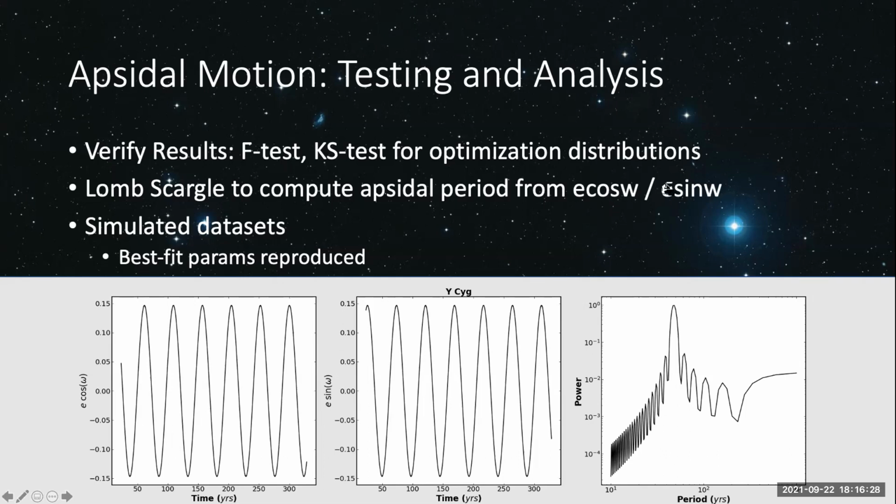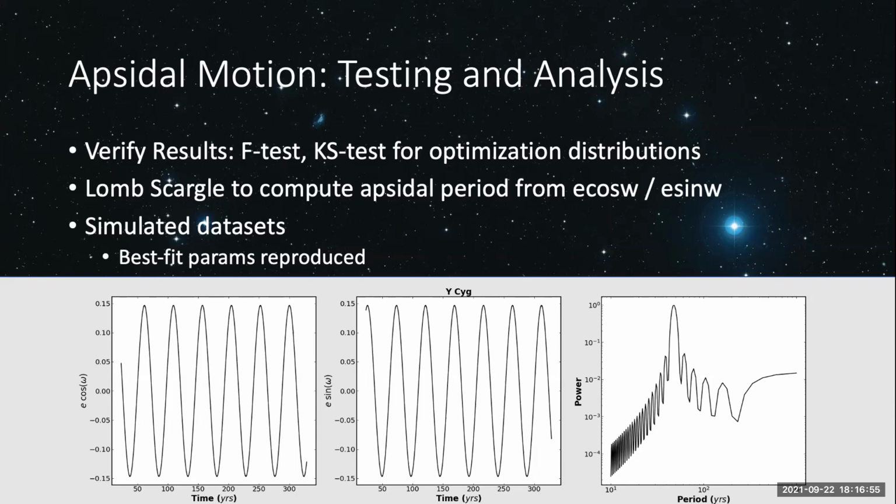That's just the eccentricity of the orbit, so how squished that circle is, and then the argument of periastron. And so the sine and cosine terms make it cyclical, and we can see how long those cycles take. And that gives us the apsidal period here of somewhere around 50 or 60 years, which is pretty good. And that's consistent with those diagrams we had earlier.